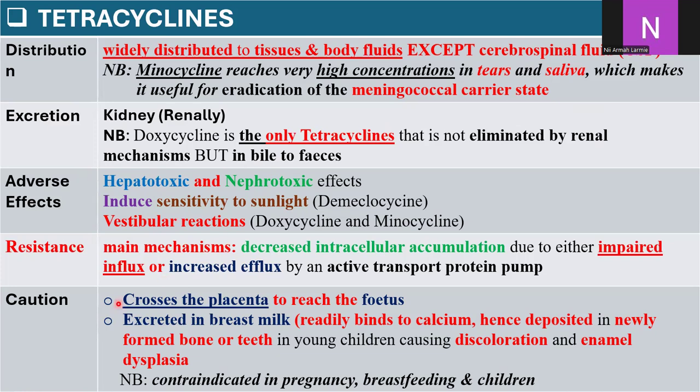When it comes to tetracyclines, the main mechanism by which bacteria have been seen to develop resistance is by decreasing the amount of tetracycline that is accumulating in them. And there are two ways they can do that.